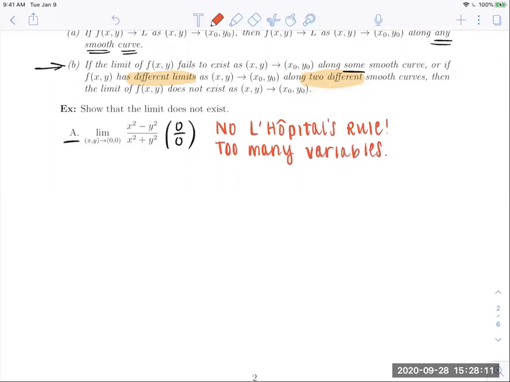So instead, what we're going to do is we're going to choose, very wisely, various curves that go through this point (0, 0). And we hope that along different curves we get different limiting values, again leaning on the result of part B. So what's super important is that you make sure that your curves go through this point.